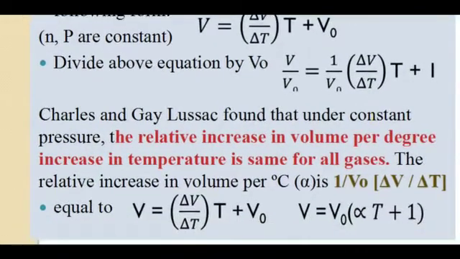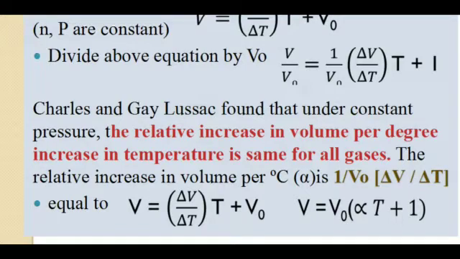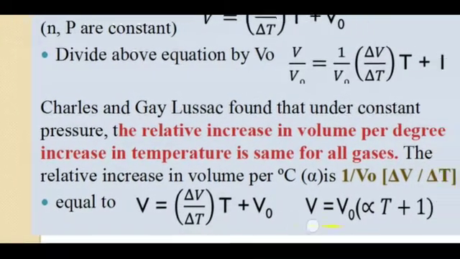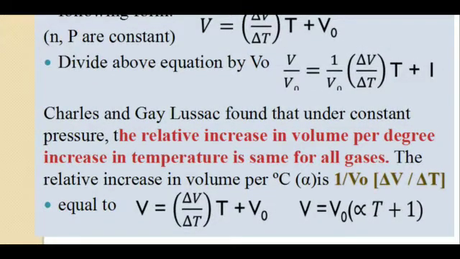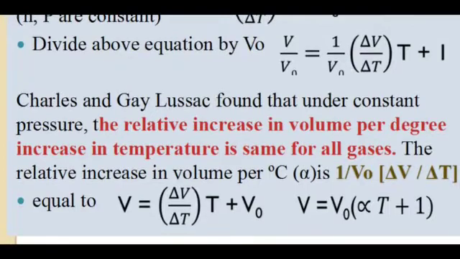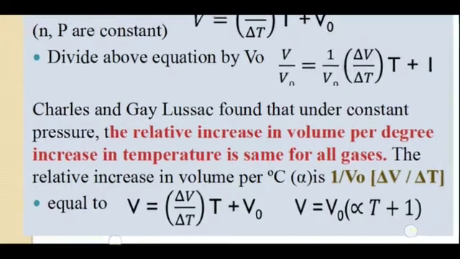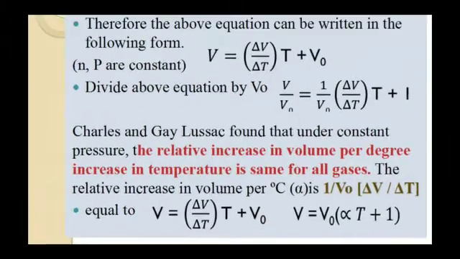Now we substitute the value of alpha, that is 1 by V naught into del V by del T, we can replace by alpha. So we are getting V by V naught is equal to alpha T plus 1. This V naught denominator, bring to the numerator on the right hand side. We are getting V is equal to V naught into alpha T plus 1.